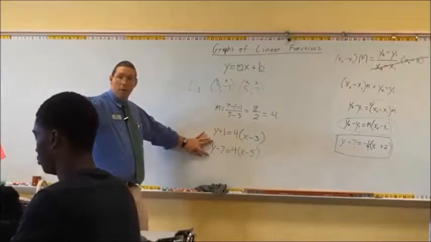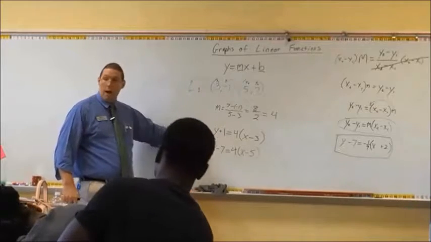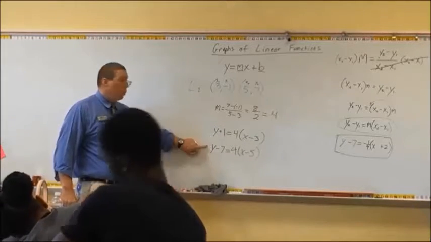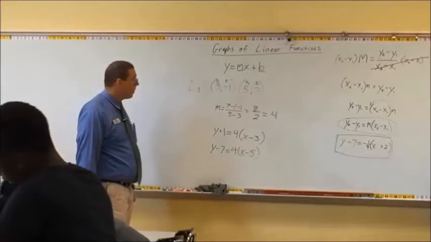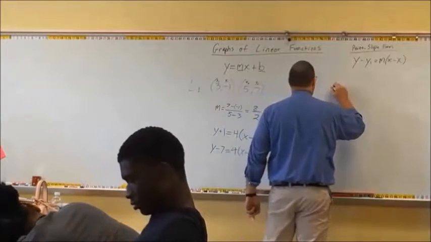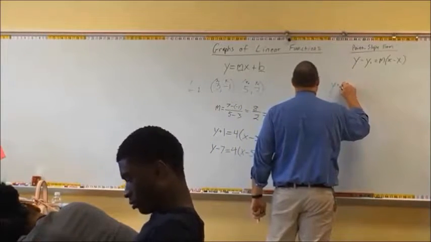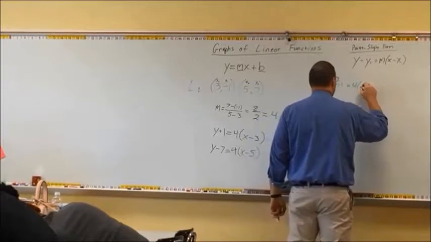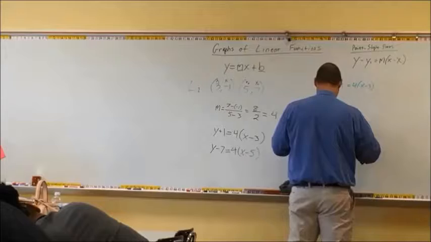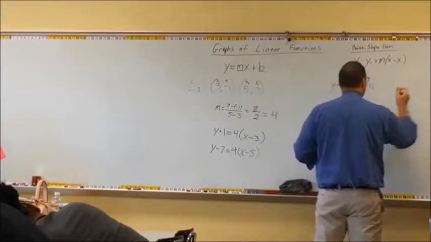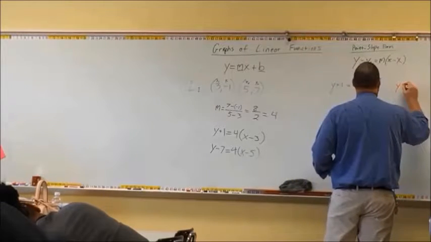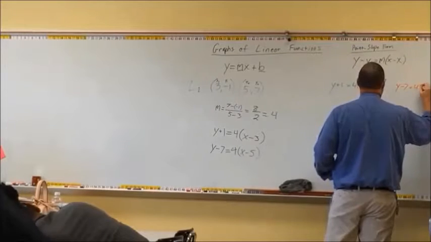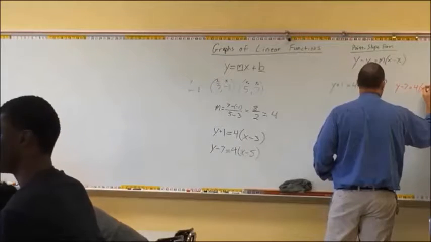Everyone at this table, take this one and solve for y. Solve for y in both of these. One of them is going to be y plus 1 equals 4 times x minus 3. The other one is going to be y minus 7 equals 4 times x minus 5.